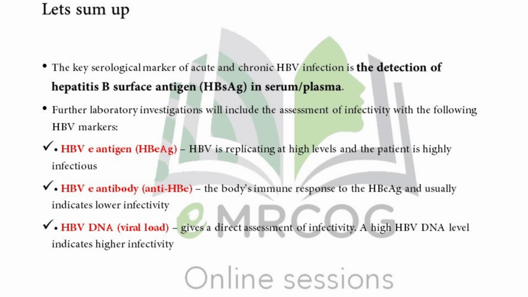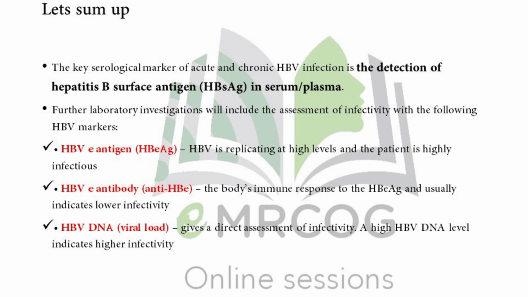There are other antigens like e-antigen. E-antigen represents the degree of infectiosity. So if you are having the antigen, that means that the virus is replicating highly, greatly, and you are highly infectious.